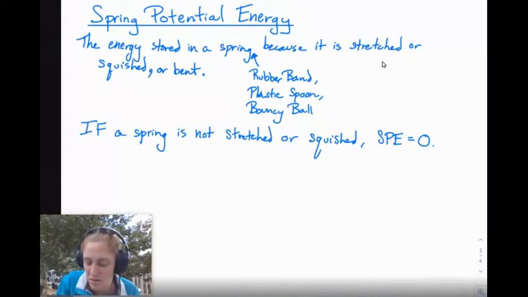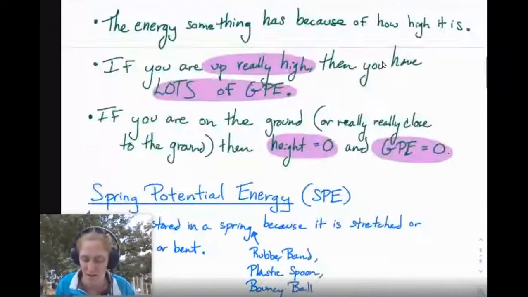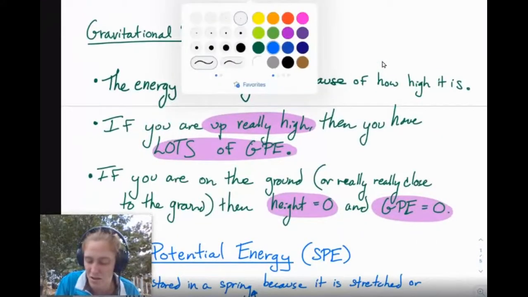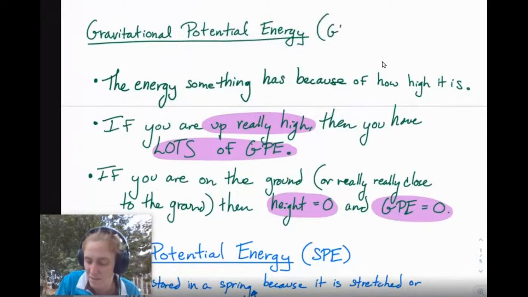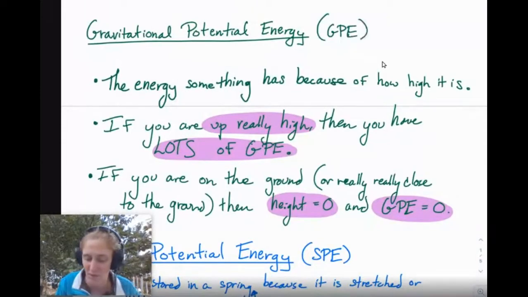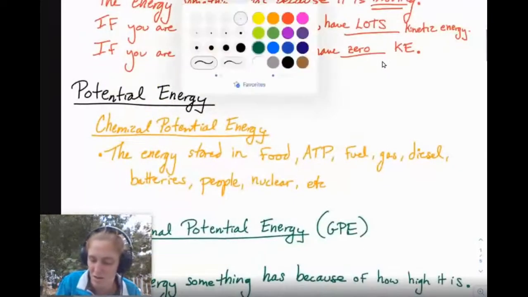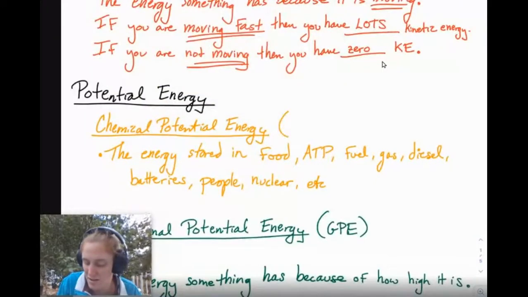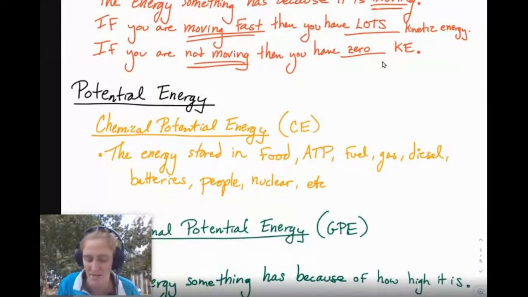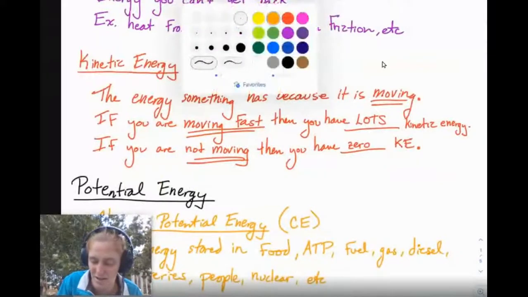Spring potential energy, I'm using as SPE. My gravitational potential energy is GPE. My chemical potential energy is just CE. And my kinetic energy is KE.